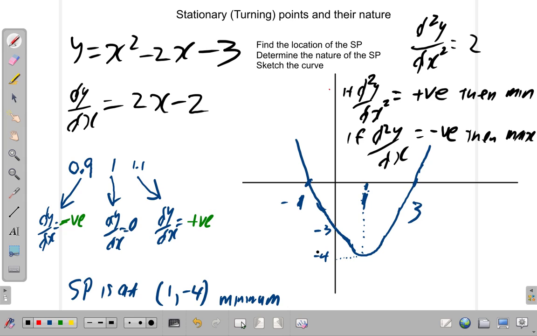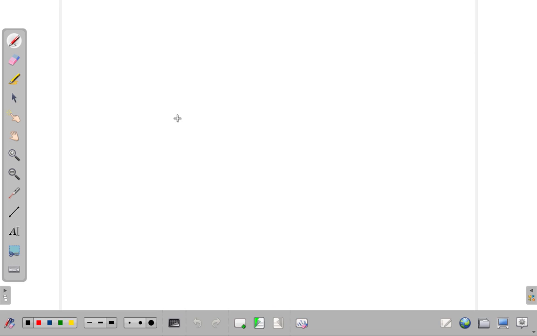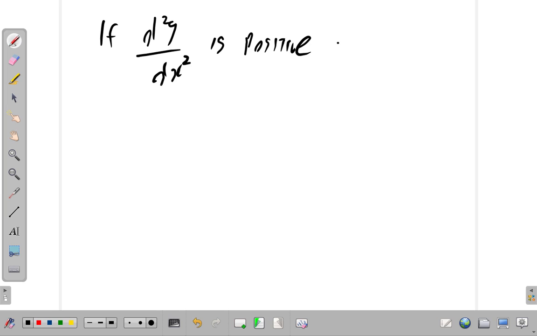Let me open up another screen and write it down. If d squared y by dx squared is positive, then what you have is a minimum point.